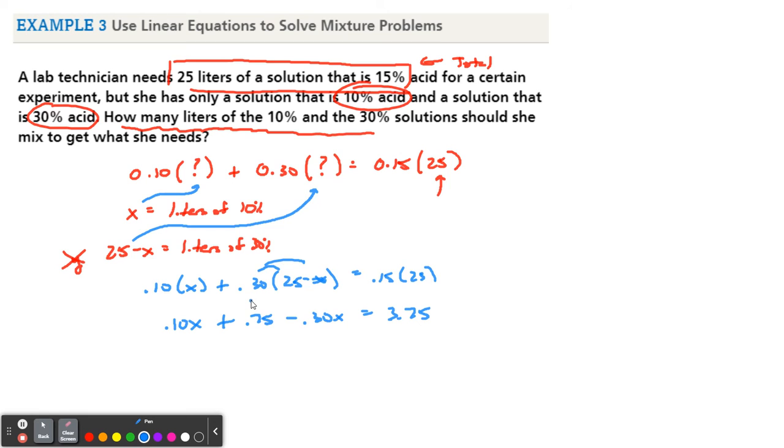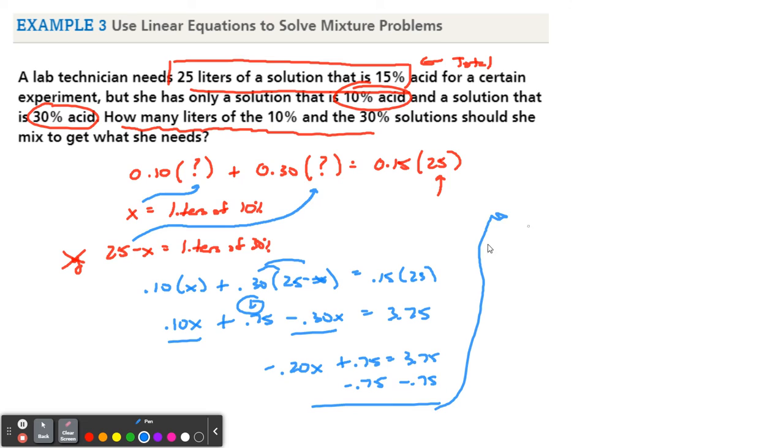Okay, on this left-hand side, I have a pair of like terms, the 0.10x and the minus 0.30x. So combine them as they are. That's a minus 0.20x. Bring down the positive 0.75. We're going to subtract the 0.75 from both sides. So the negative 0.20x remains. The 0.75s cancel.